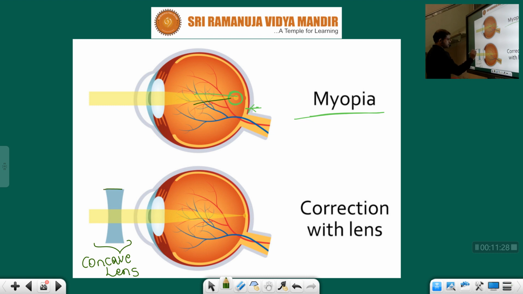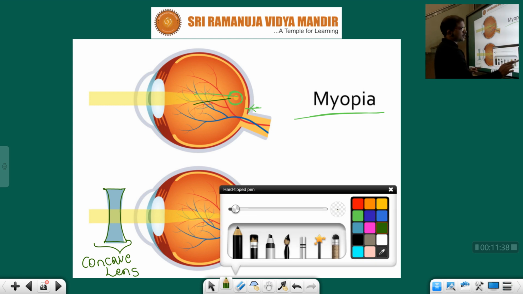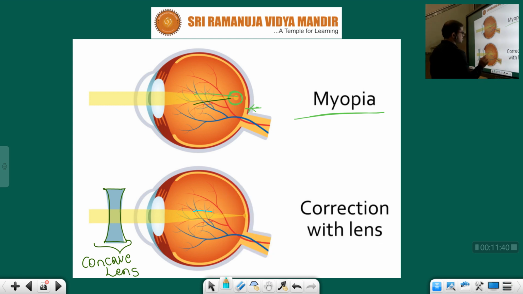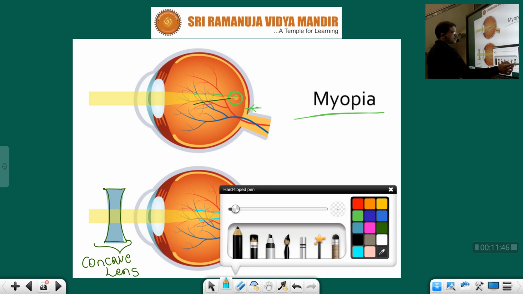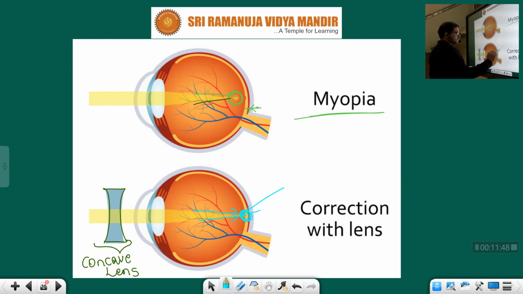Due to this, the refracted rays were adjusted to fall on the retina. So here that image will form on the retina. The image is forming here now.